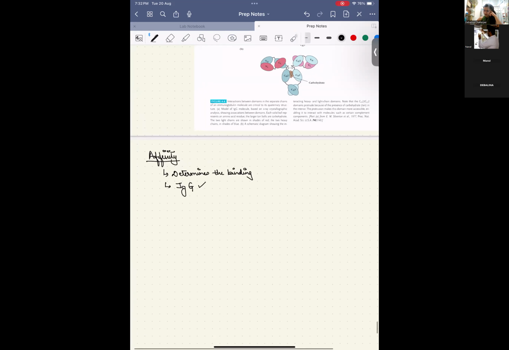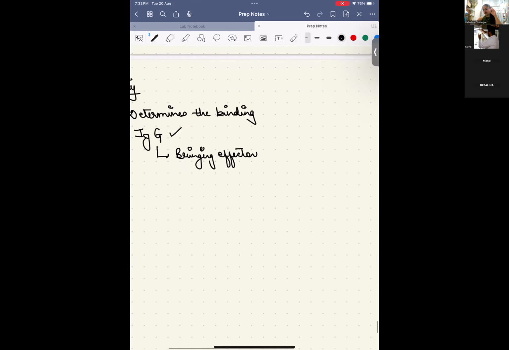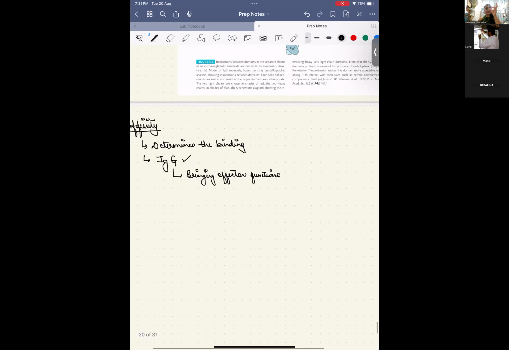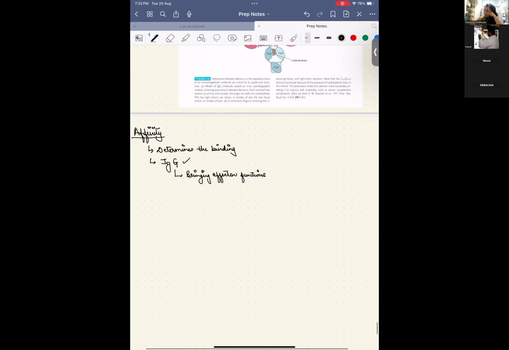And this is the best for bringing about effector functions. For most of the effector functions that we will discuss, you will see that the IgG Fc domain is primarily mediating them. So IgG is important in that context, but avidity is the total of binding affinities.